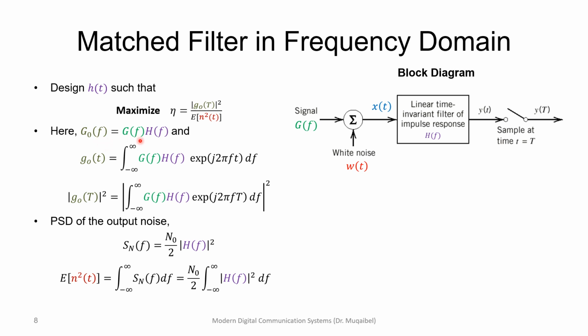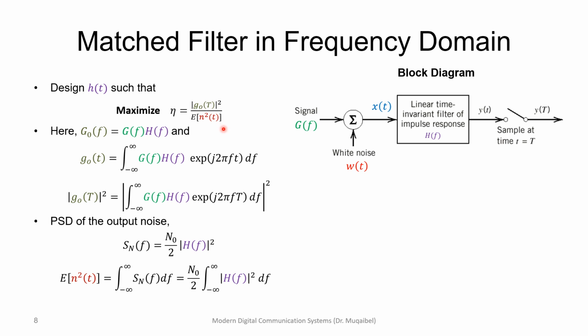Remember that G out is given by this. So if you want the output in time, it's going to be the inverse Fourier transform. That's the equation of the inverse Fourier transform. And you are only interested in the power, so it will be the magnitude of the square of this evaluated at t. Okay, so this equation is representing the numerator.